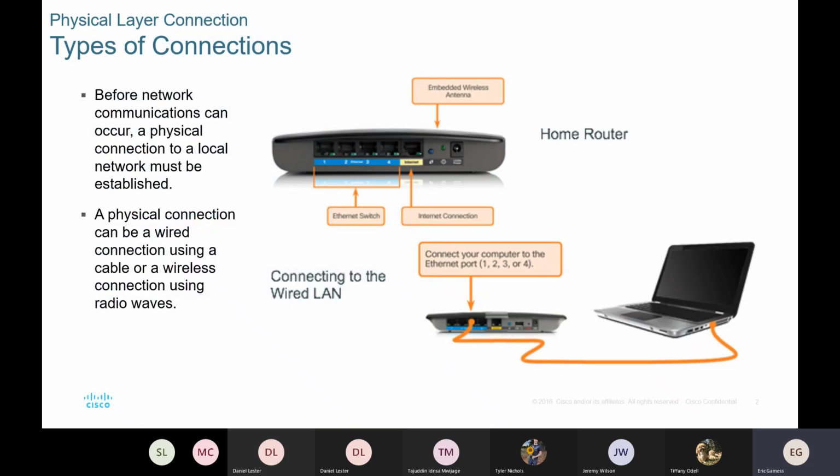Okay, so before you connect to the network, you need to create a communication channel between your device and the network. This communication channel can be wired or it can be wireless.